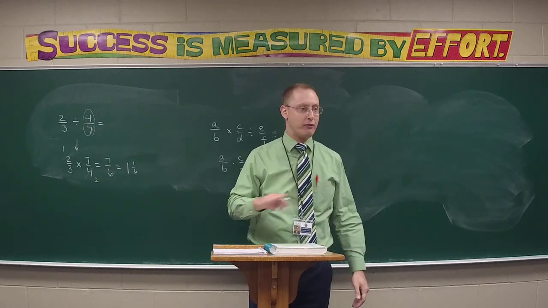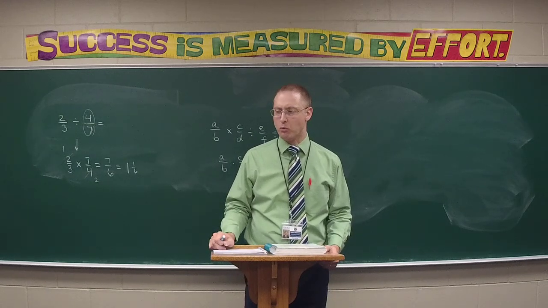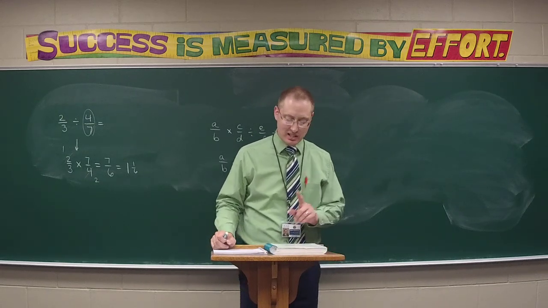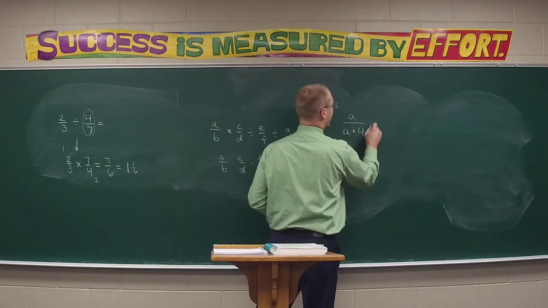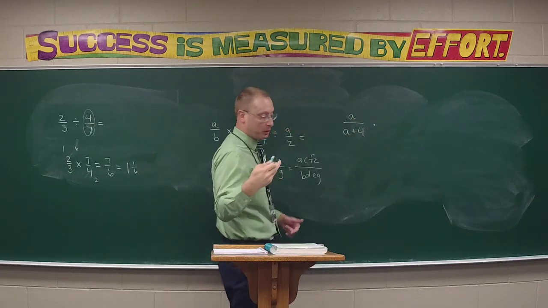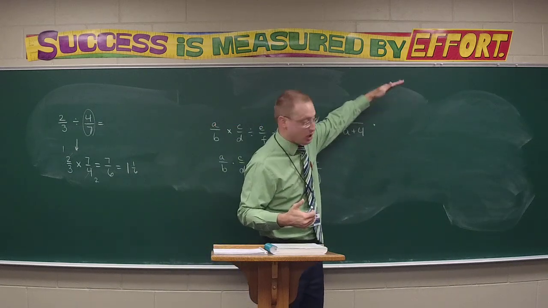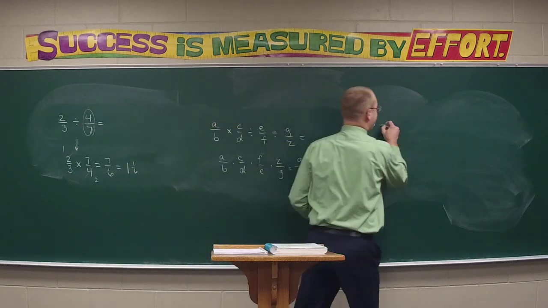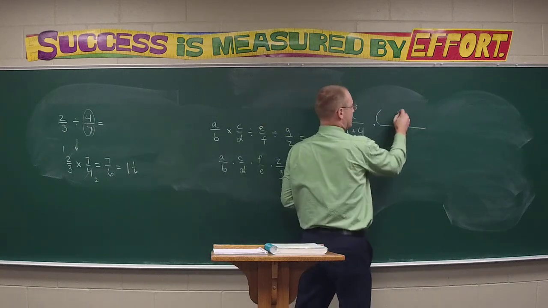I would never copy a division problem onto your own paper. What a waste of time, right? Instead, write it down as a over a plus 4 times the reciprocal. And in fact, instead of writing a squared minus 16 over a cubed, I'd factor the a squared minus 16, that moves up into conjugates, right?